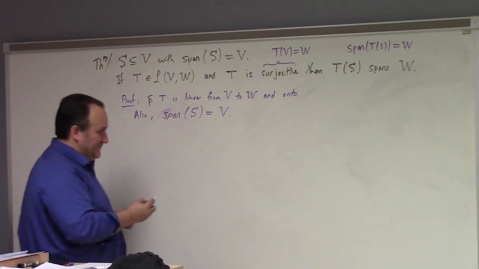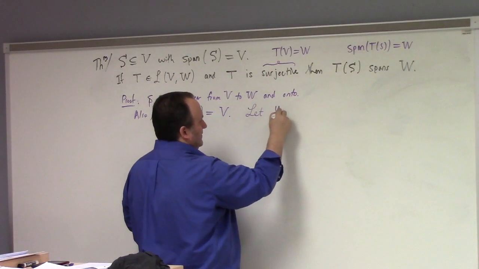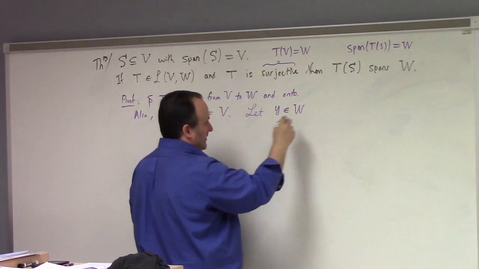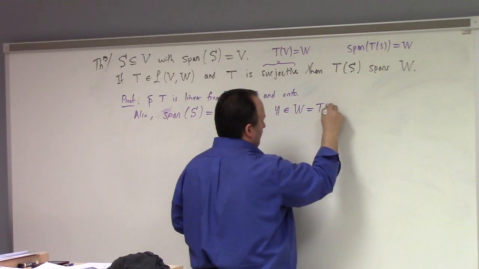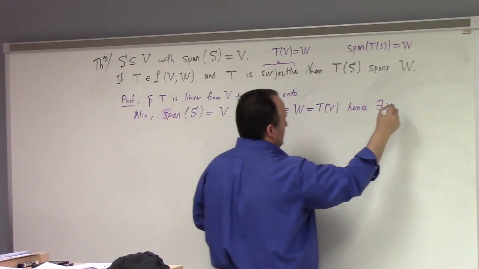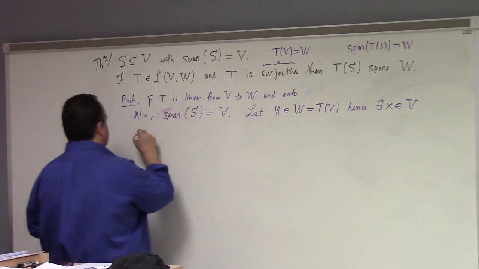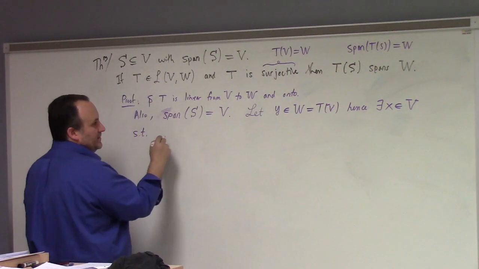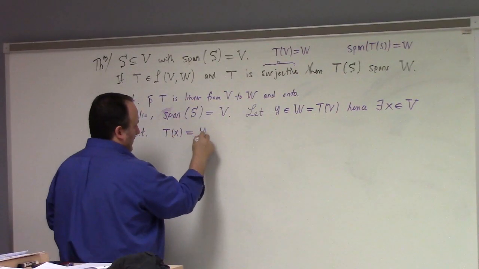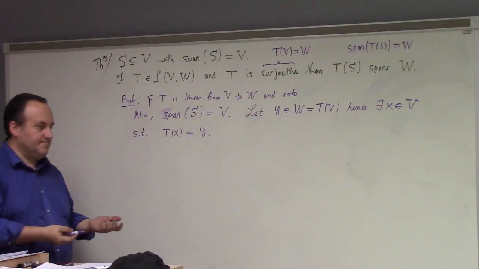So let y be an element of W, right? Now W is equal to T of V, hence there exists x in V such that T of x equals y, right? That's the surjectivity.